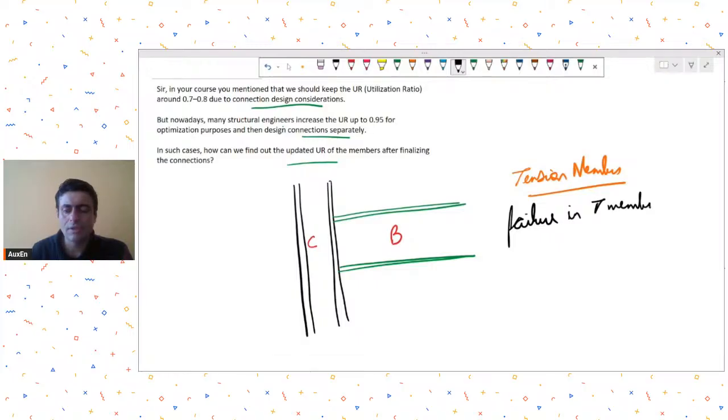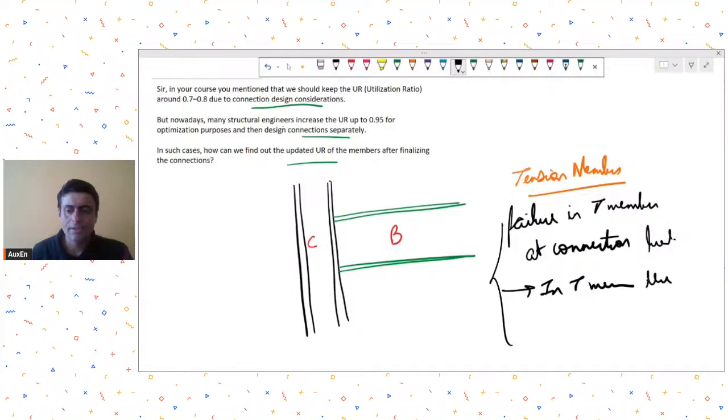What does it mean, failure in tension members at connection level? Why may you face failures? Can anyone answer? What's the reason? The reason is that in tension members there is a reduction of area at connection level, if you are going ahead with bolted connections.